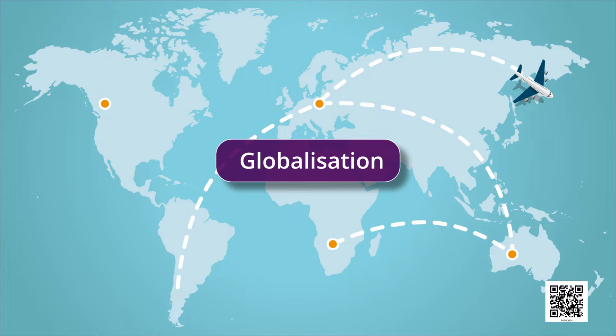A process driven by international trade and investment and aided by the information technology. This process has effects on the environment, on culture, on political systems, on economic development and prosperity, and on human physical well-being in the societies around the world.